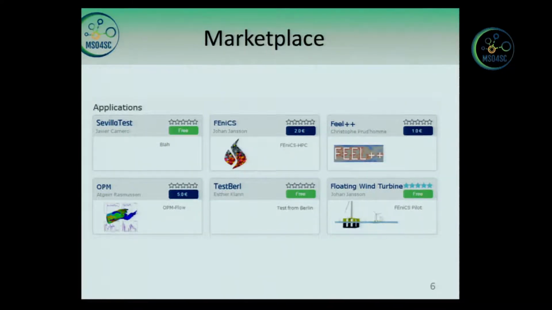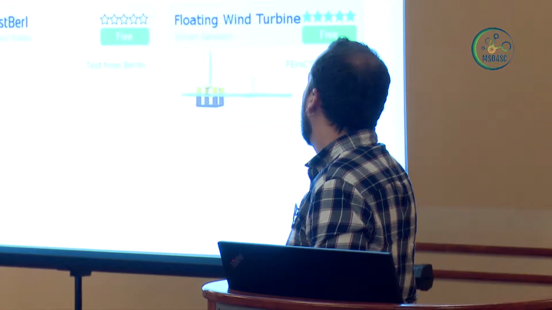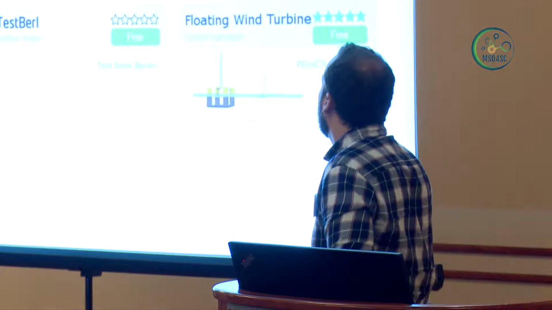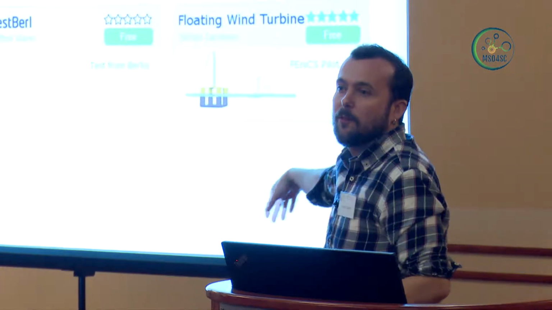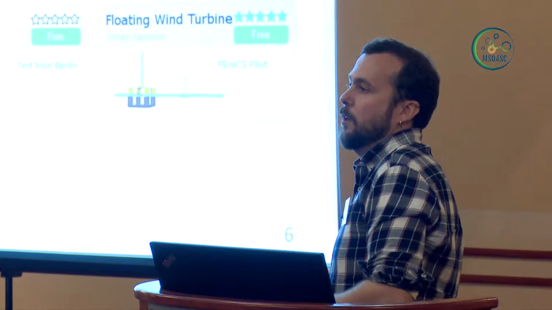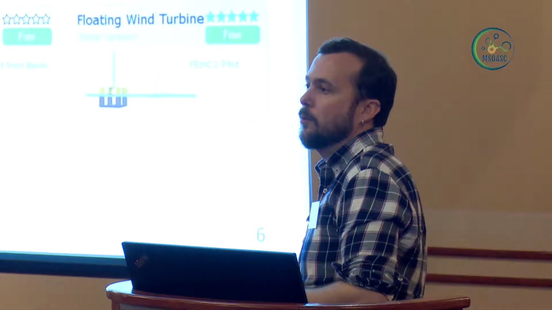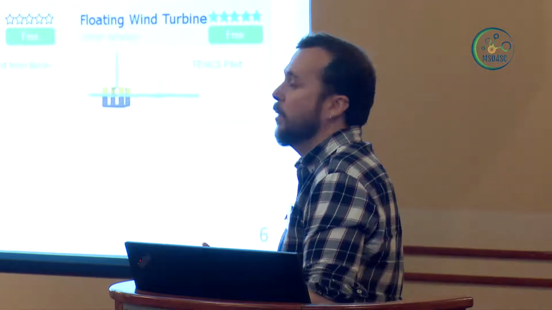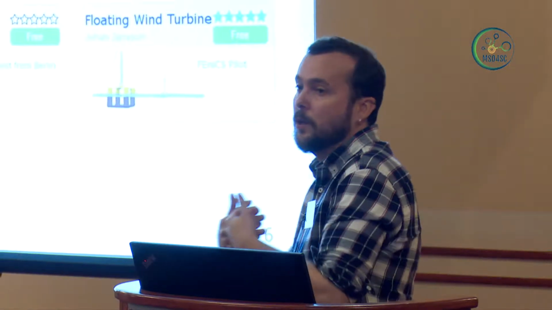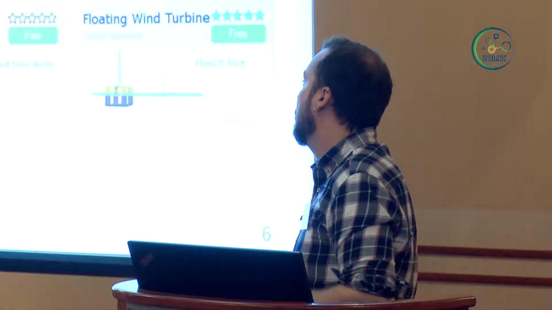In this case, I've put Phoenix, Field++ as an OPM, of mathematical frameworks. And also the floating wind turbine. Okay, from this we will be able to choose the components that we are going to work with or that we are going to provide to our own organizations inside the portal.